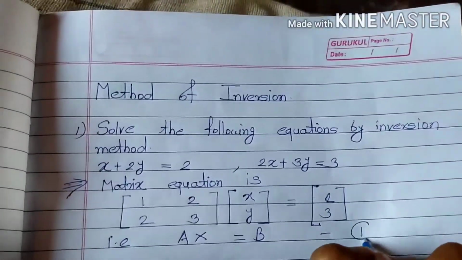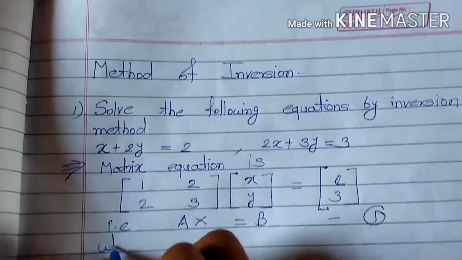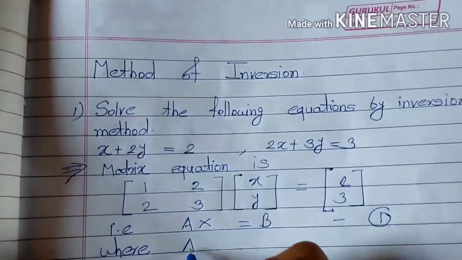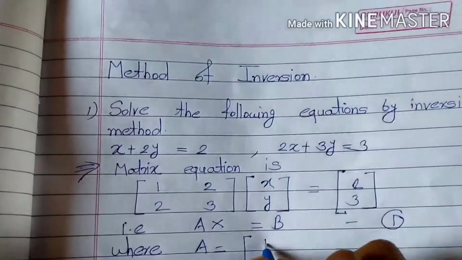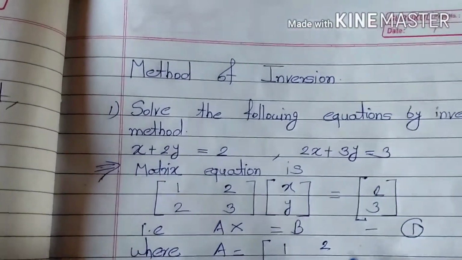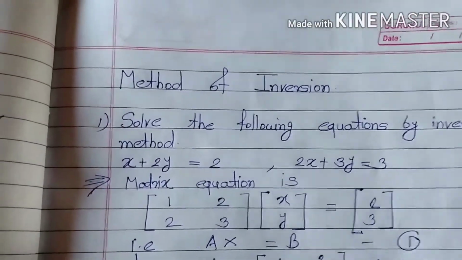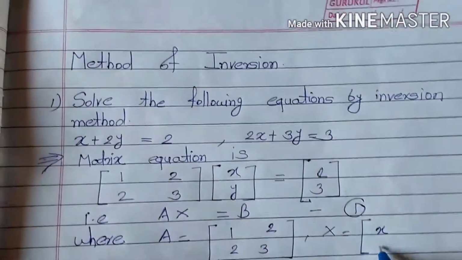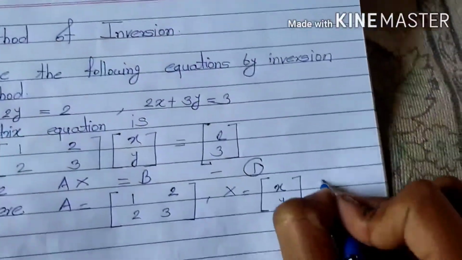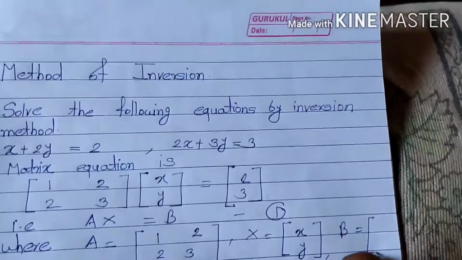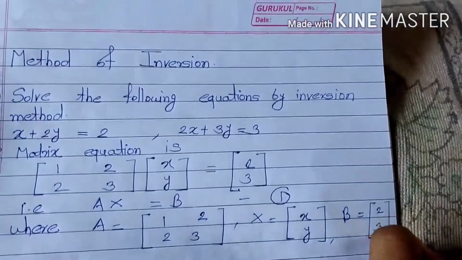Given it first, where A is equal to 1 2, 2 3, x is equal to x y, and B is equal to 2 3.